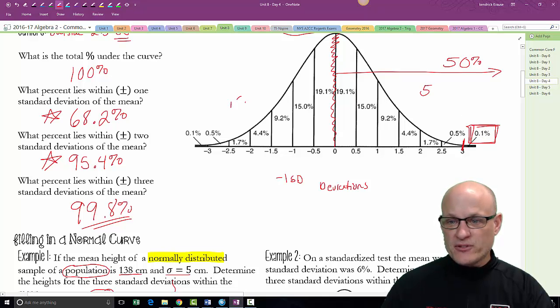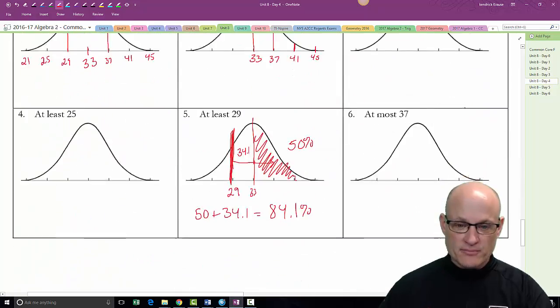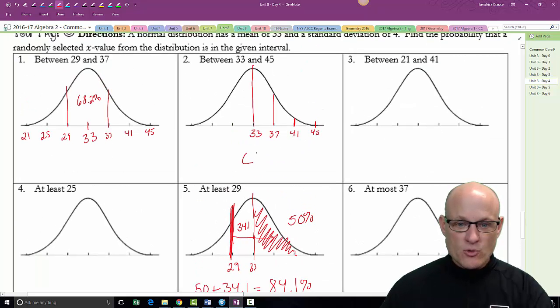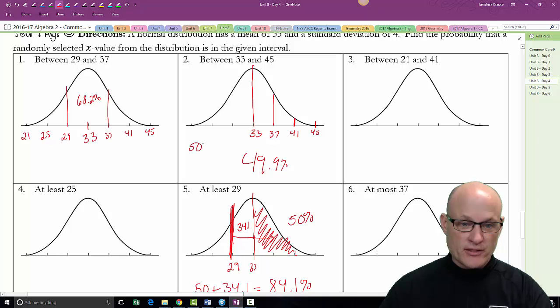So this is really 50% minus 0.1%. So that's 49.9%. And that's what's on this one. 49.9%. You should show your work. 50% minus 0.1% equals 49.9%.